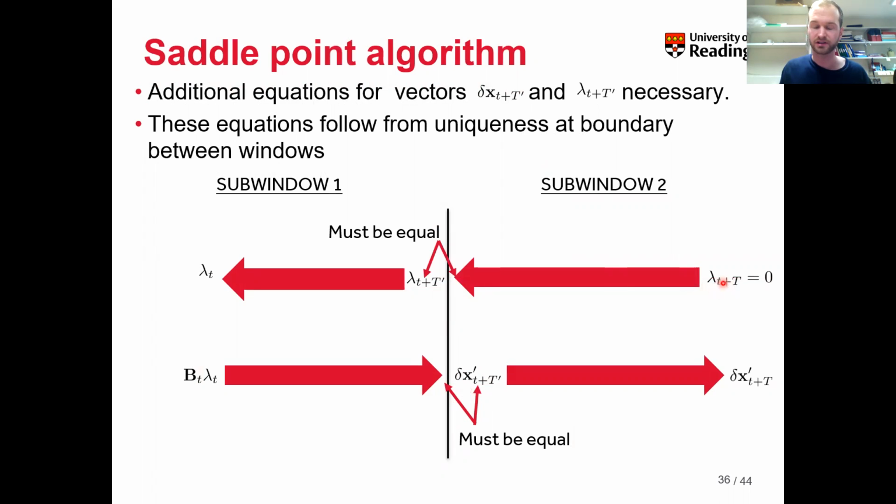So the adjoint you get from propagating this initial condition in subwindow 2 towards the beginning of the subwindow must be equal to the adjoint which you use to start subwindow 1, and simultaneously the data assimilation correction you end up with at the end of subwindow 1 must be equal to the correction you use as initial condition for the forward run in subwindow 2.